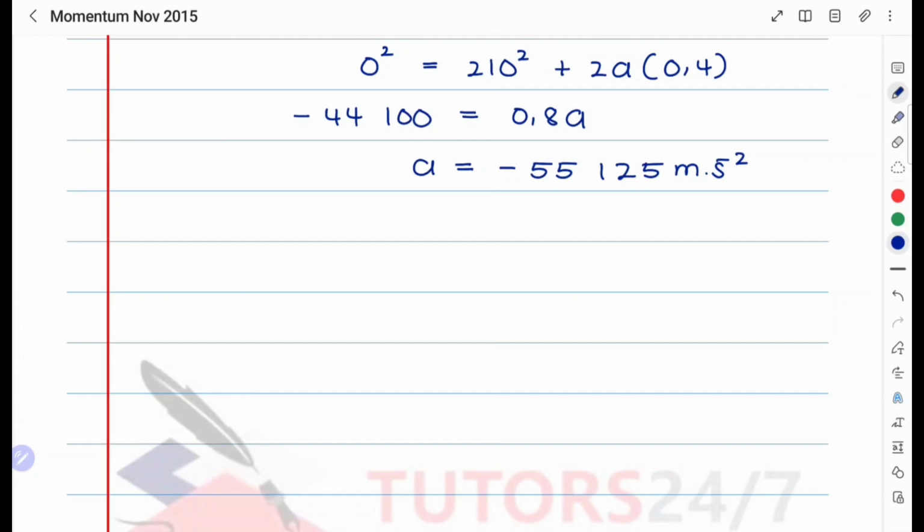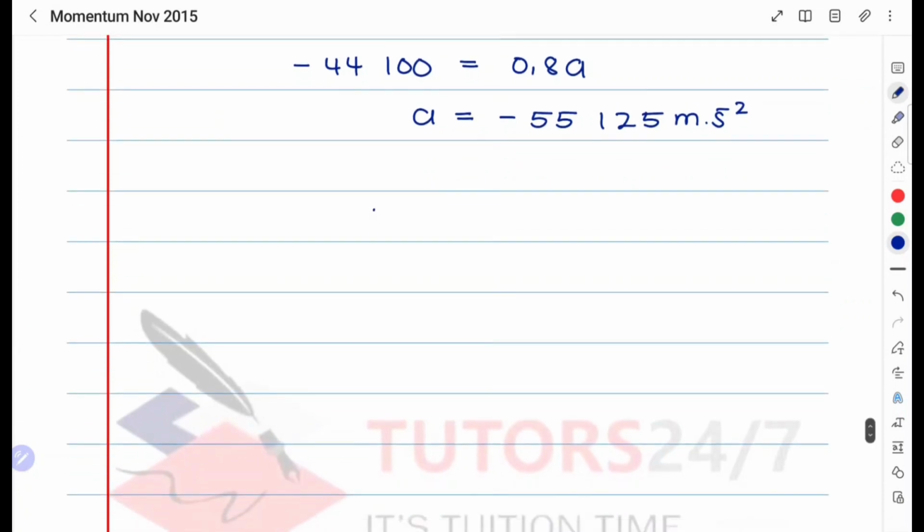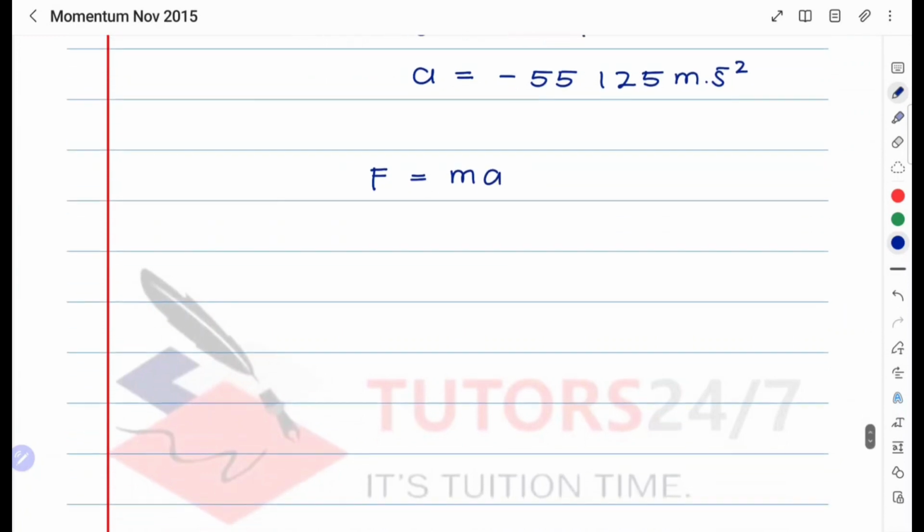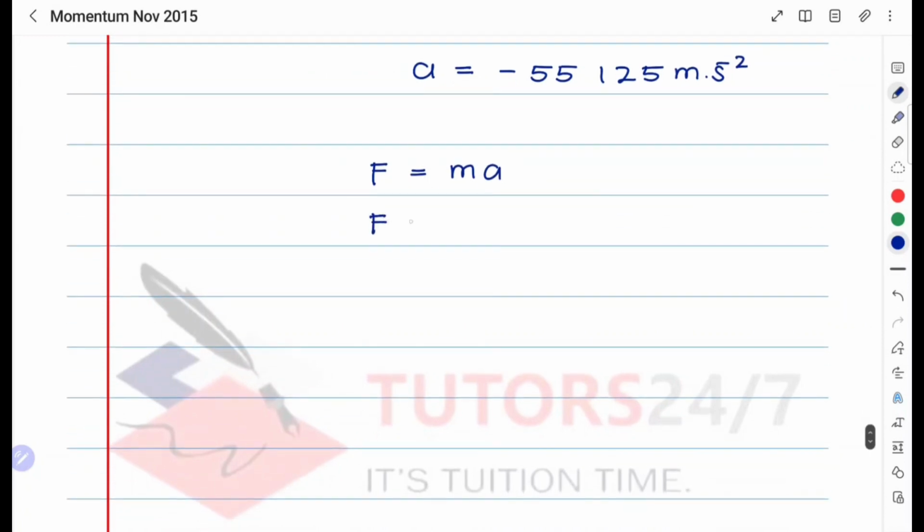Now, from here, we can use our formula F equals ma. Our force is what we are trying to calculate. The mass of this bullet is 0.02, and our acceleration is negative 55,125.